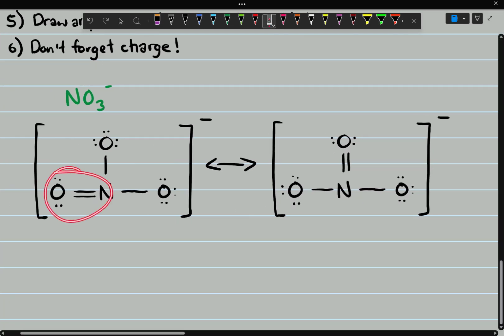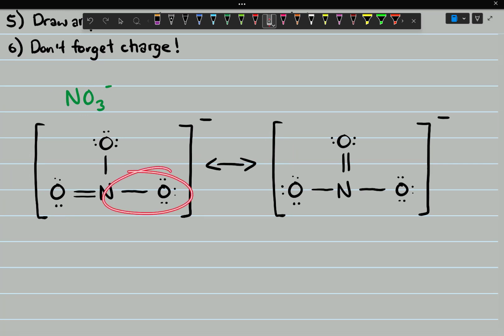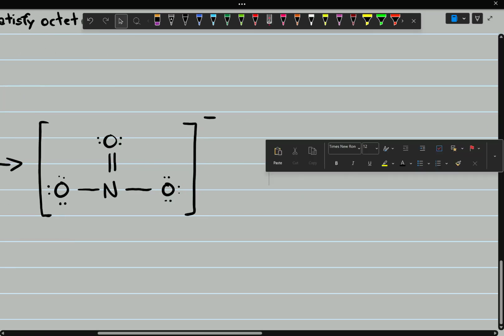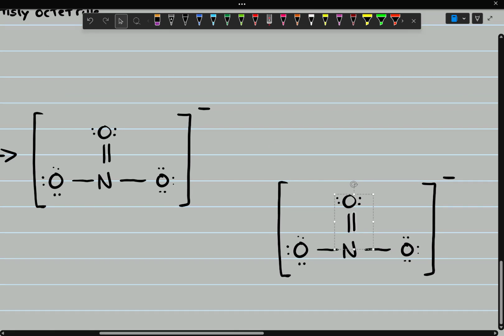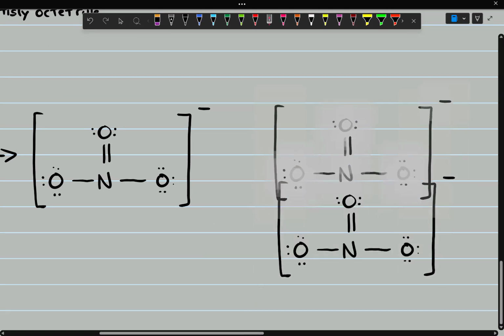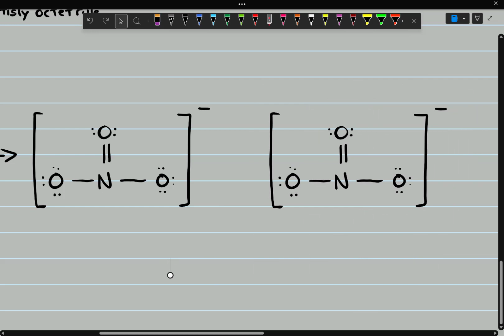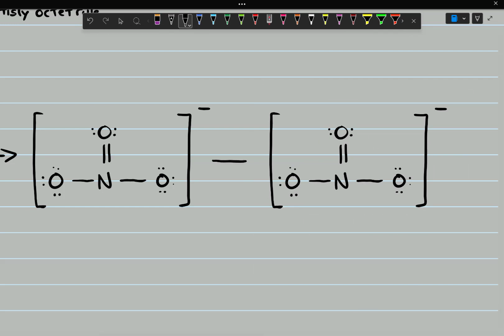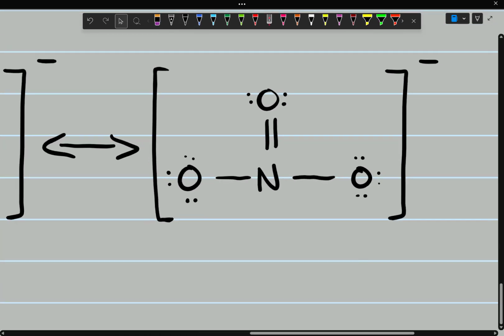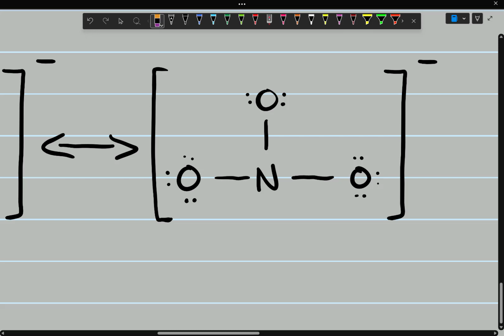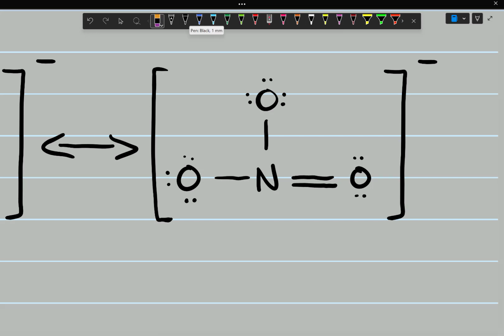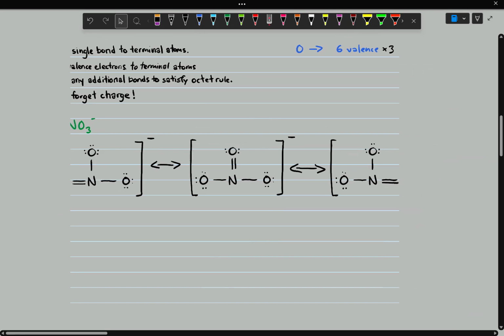We could have chosen the left one for our double bond. And so we need another resonance structure to represent that we could have chosen the rightmost oxygen atom as our double bond. And so we do another resonance arrow, and then we'll erase the double bond for this one and refill the valence electrons, and add a double bond for the right one, and erase one of our lone pairs, and there you have it.